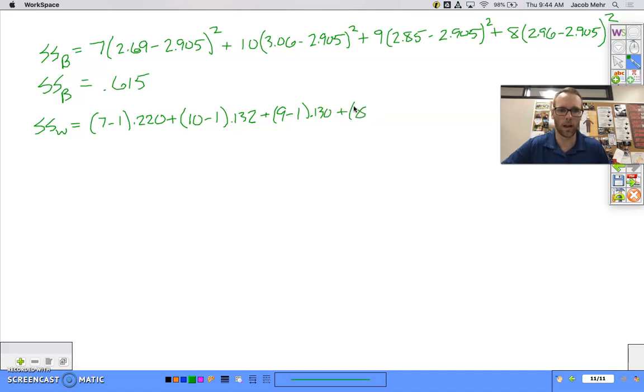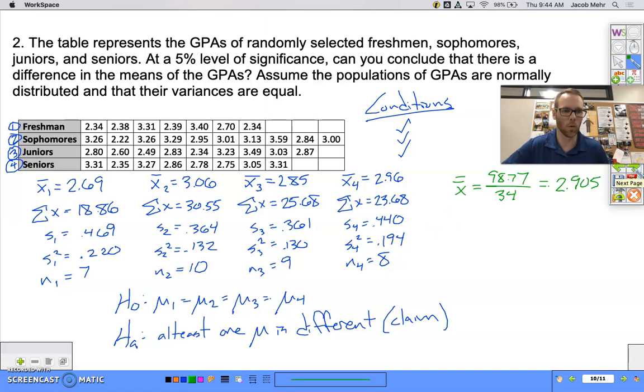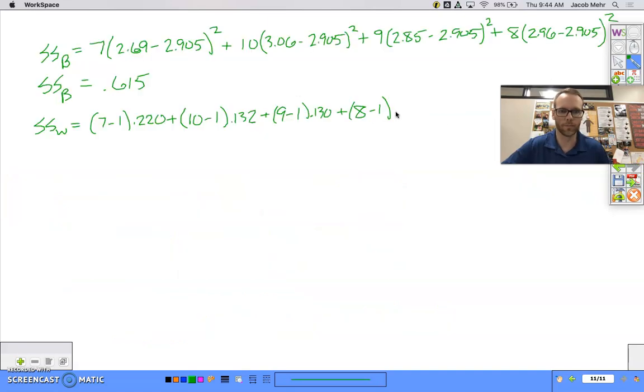And our last one, 8 minus 1 times its variance, 0.194.